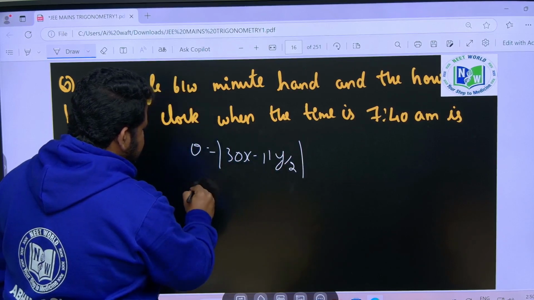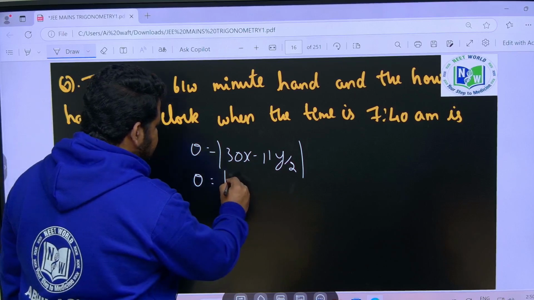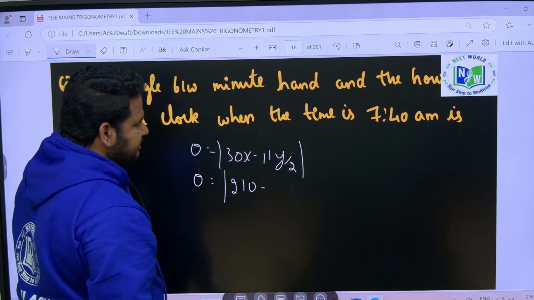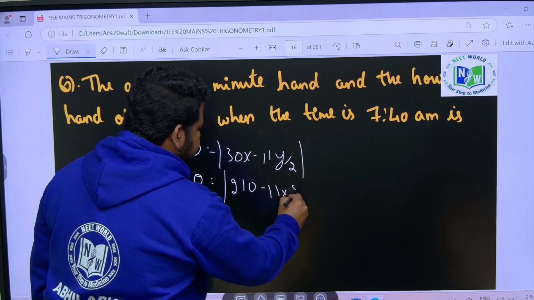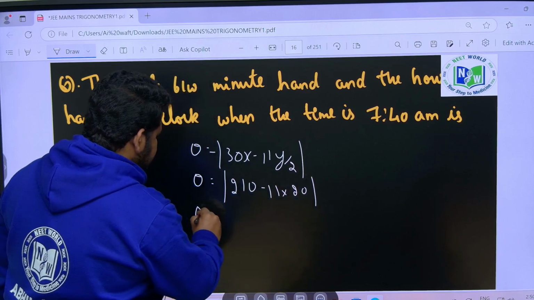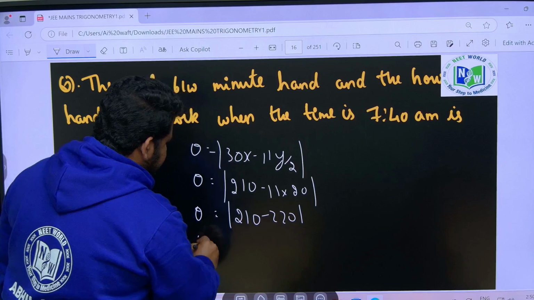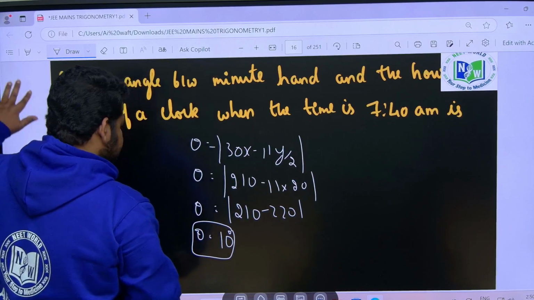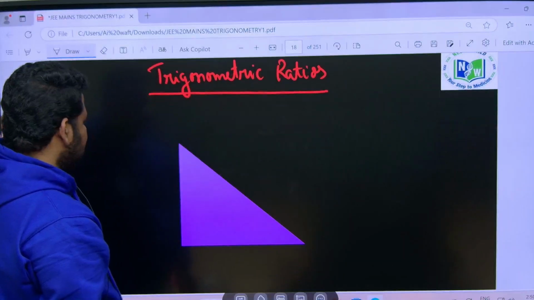Theta is equal to 30 into 7, which is 210, minus 11y by 2. 11 into 40 by 2 is 11 into 20, which is 220. So theta will be equal to 10 degree. Positive value, theta will be 10 degree. That's it. Got it, friends? I hope it is clear.